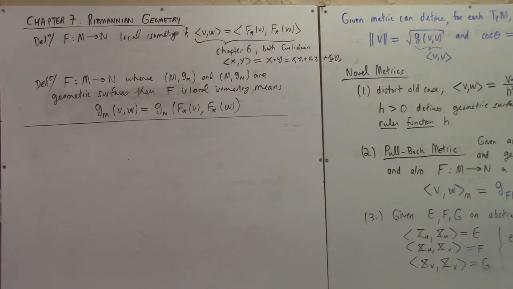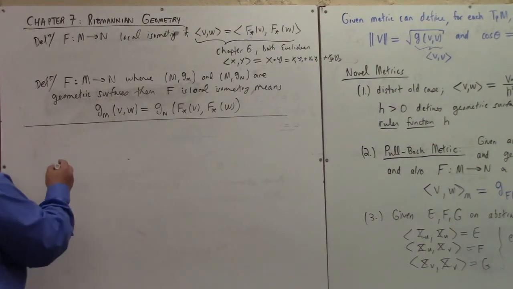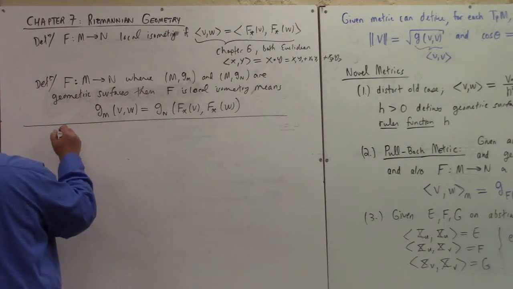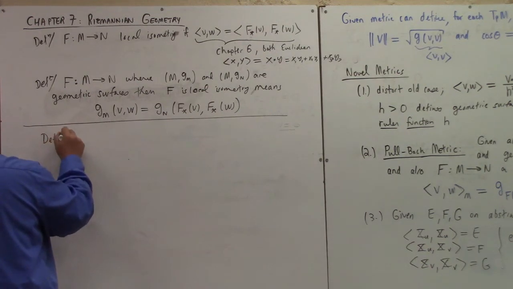By the way, just take a second to notice that none of this assumes that M is a subset of R3. All right? So definition: what's a frame field on M?